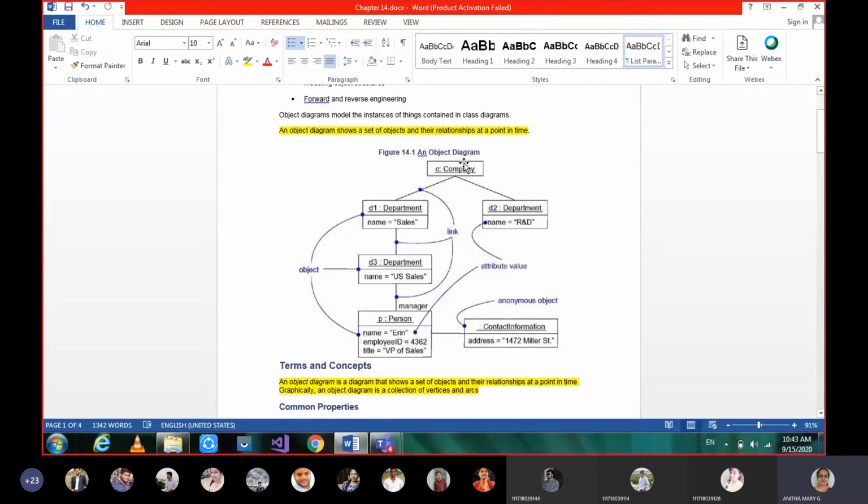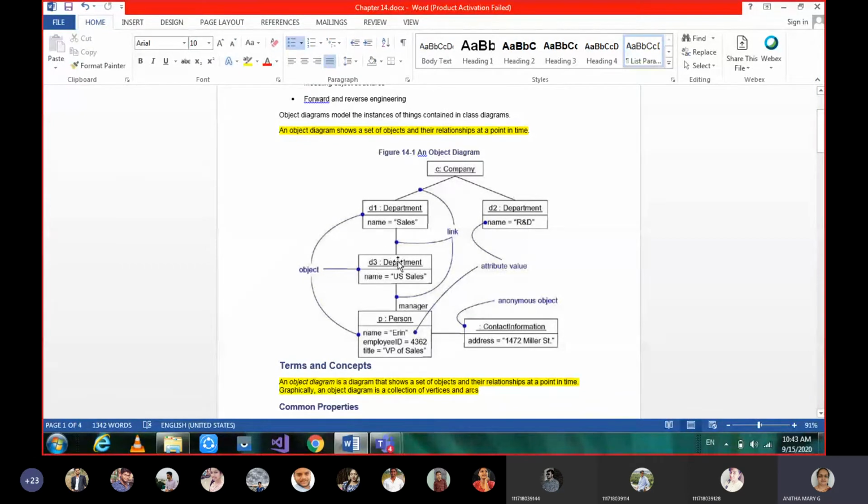So in the object diagram, what we are saying is class. If you see the company, if you just give company, it will be a class. But when you want to give the instance of that company, and it is a named instance, C is the instance of the company class and it should be underlined. So this is one object, whereas the company has many departments. Here department D1 is the instance of department sales, and D2 is the instance of department R&D, research and development.